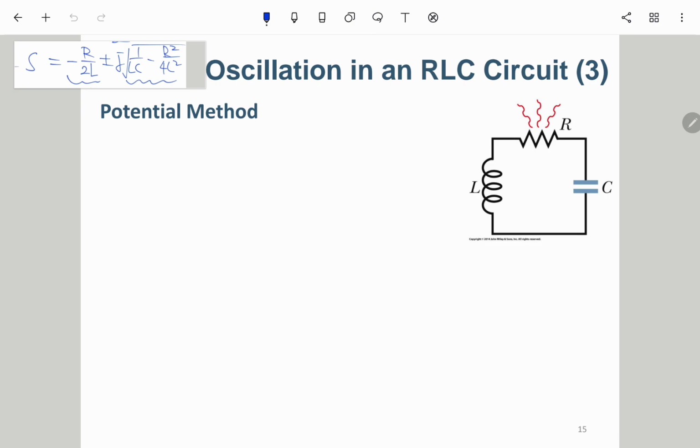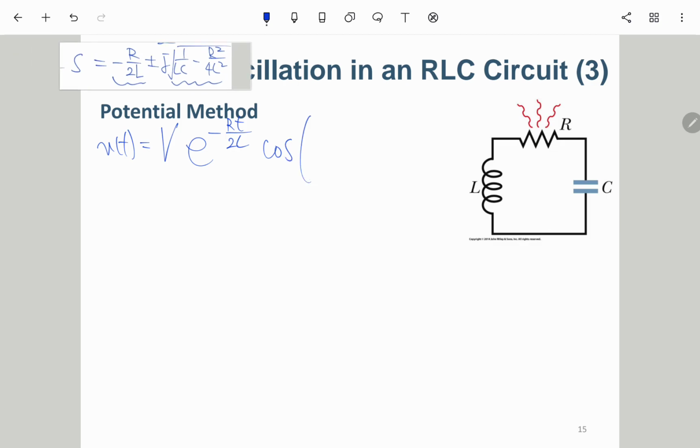So in such a way, we can write v of t equals something like V times exponential to negative Rt over 2L, and then cosine of this thing. This thing is the square root of 1 over LC minus R squared over 4L squared, times t, and then plus a phi.